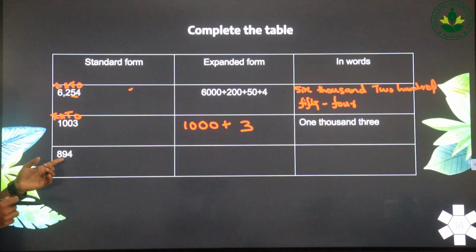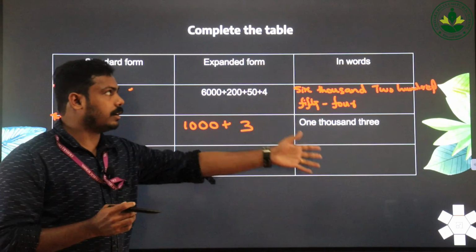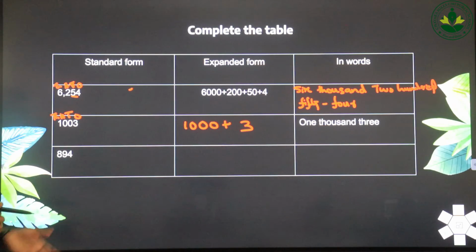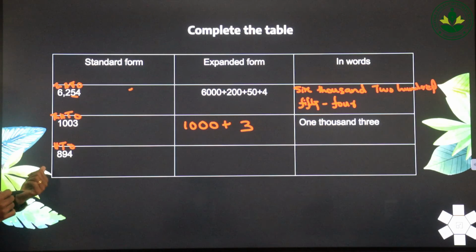Last one, that is 894. They only give the standard form. We need to write the expanded form and the number name. It is a 3-digit number and the highest place value is 100.